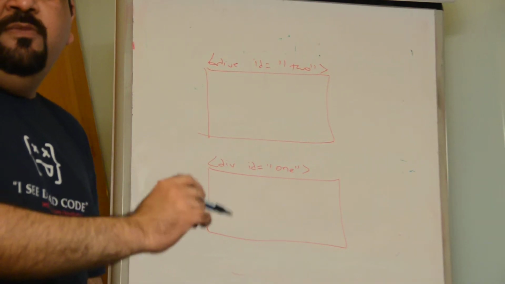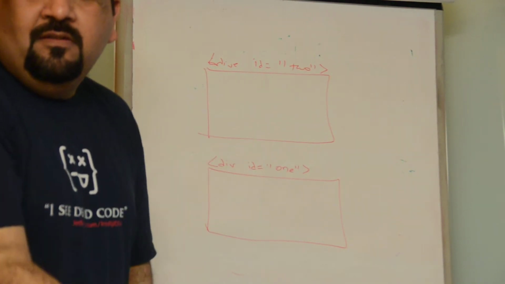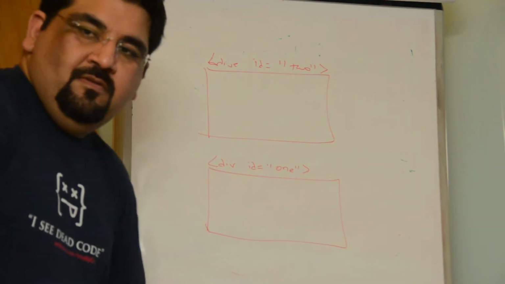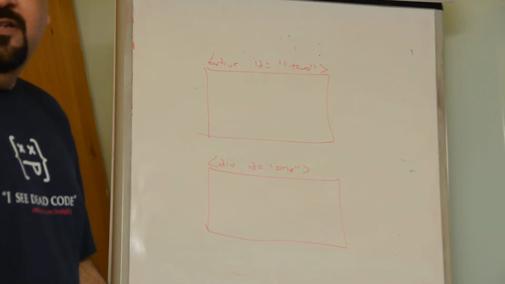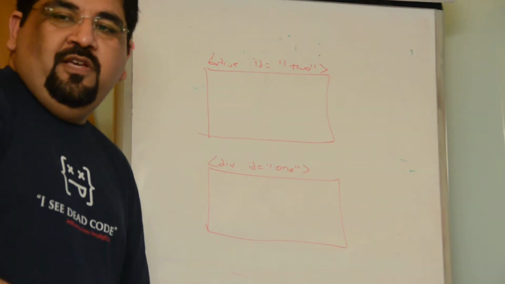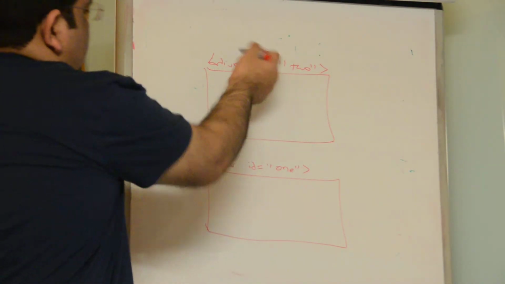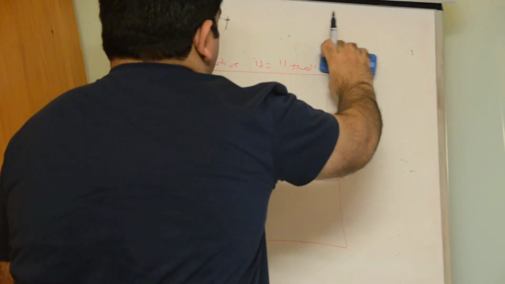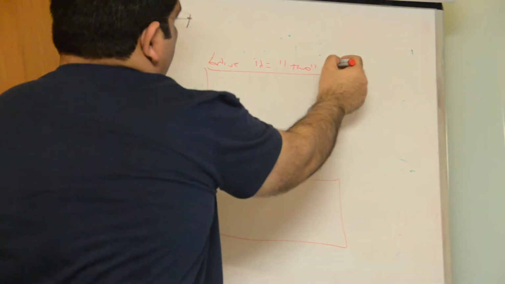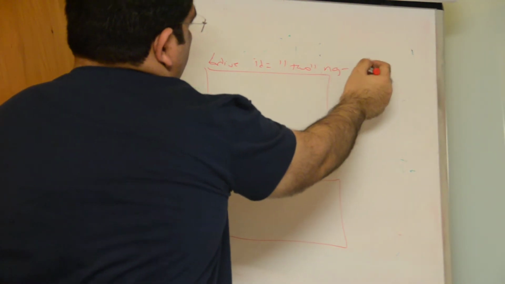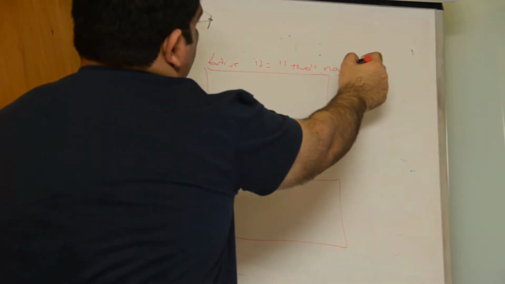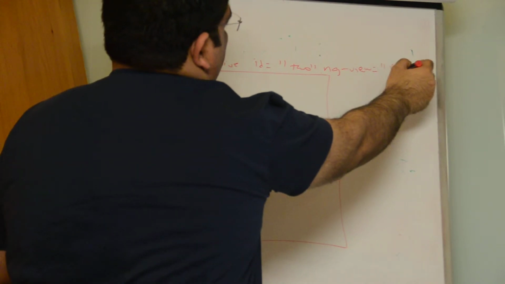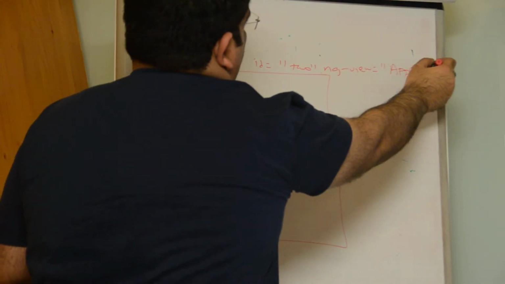Document, get element by ID 1, HTML, something, right? So this would be the scope. In Angular, instead of writing this, you just go ahead and say ng dash view equal app control, for example.